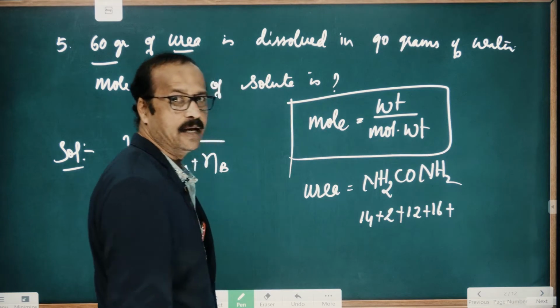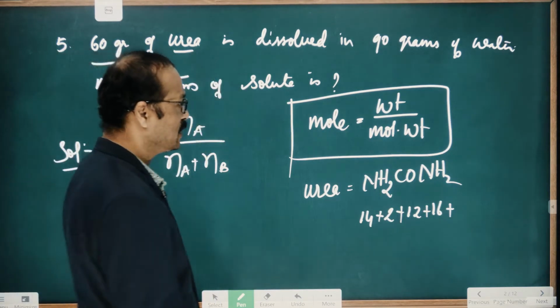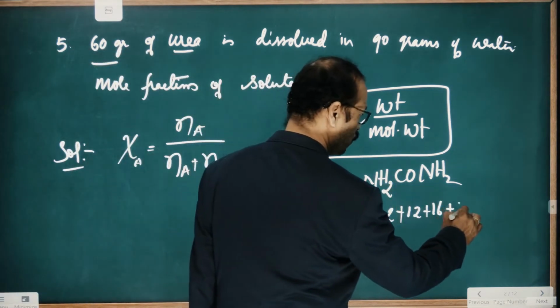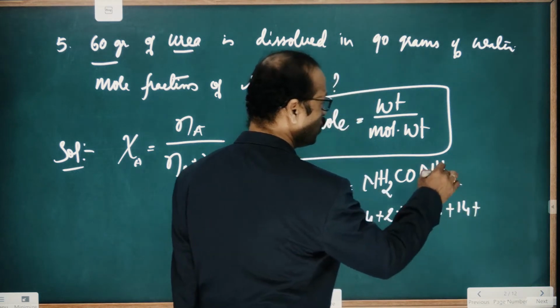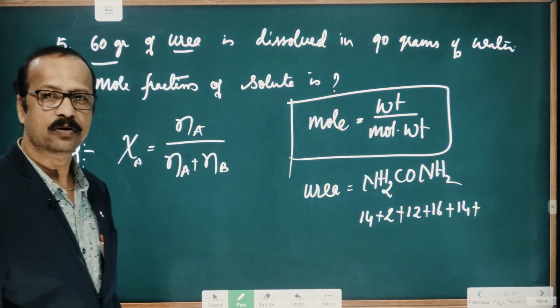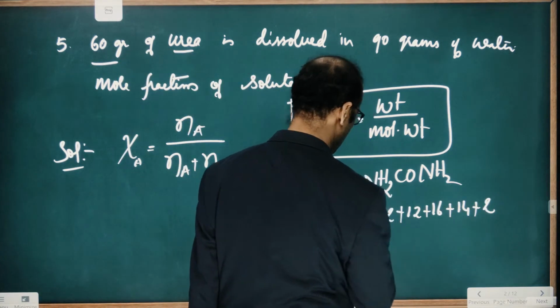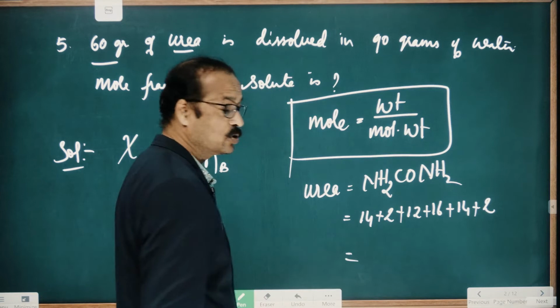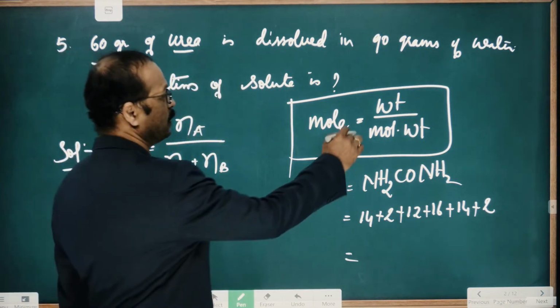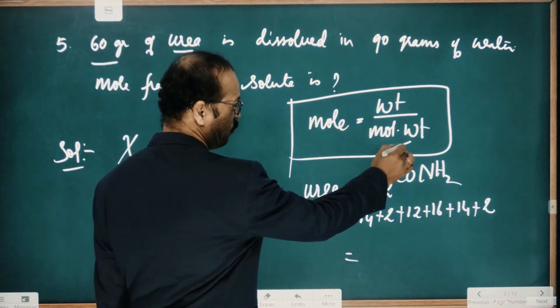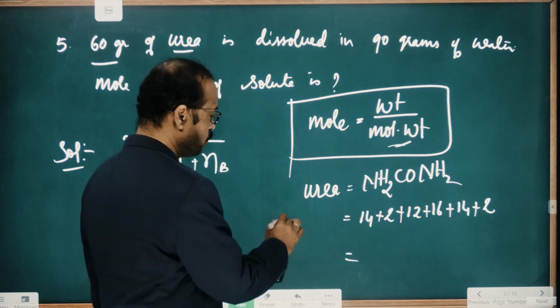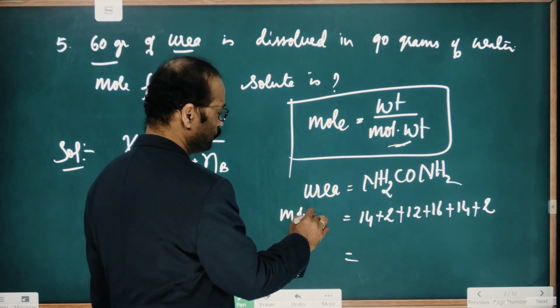Next nitrogen again, mass number is 14, so write 14. Next 2 hydrogens are there, hydrogen atomic mass is 1, so 2 ones are 2. Chalo, now all this you should add so that you will get the molecular weight.